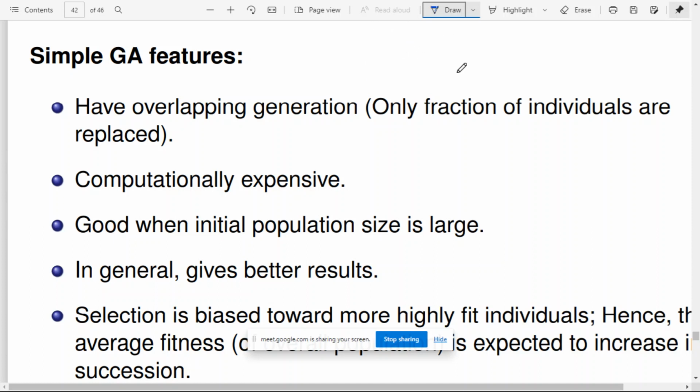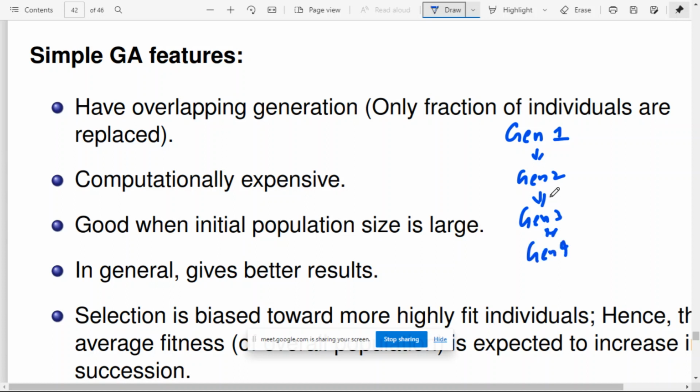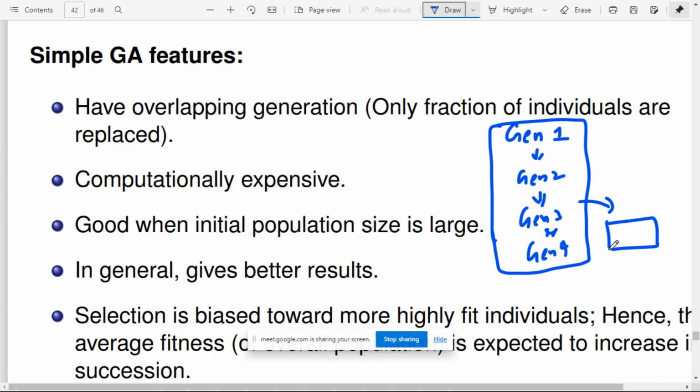Assume that currently the population contains four generations: generation 1, generation 2, generation 3 and generation 4. These are the four generations currently available in the initial population. Now say you are identifying NP individuals with the highest fitness score and creating a new set of offsprings.